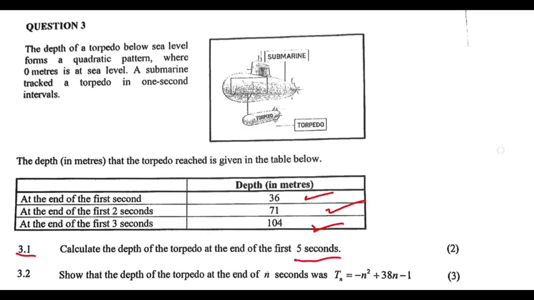First 5 seconds. So this is a quadratic pattern question. Let me show you how to solve. So first of all, I'm going to write all of these as a number pattern. So the 36, and then we got 71, and then we got 104. This is given. So this is a quadratic number pattern.